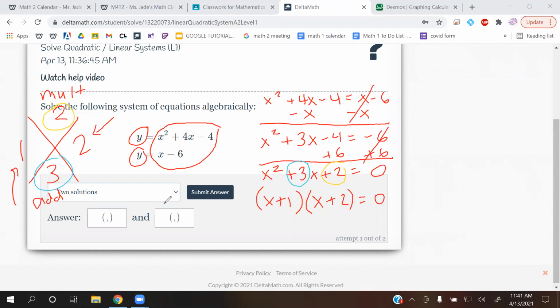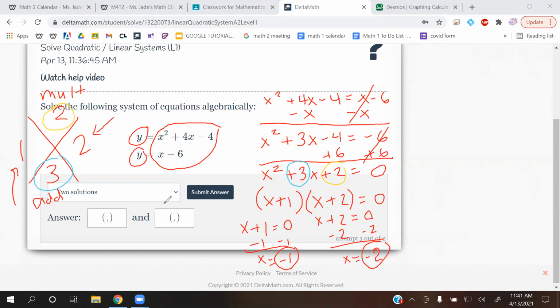Okay, so from here, we can solve for x by setting each factor equal to 0. So x plus 1 equals 0. Then you can subtract 1, and x equals negative 1. This is one of your answers. And then on this side, you have x plus 2 equals 0. So you're going to minus 2, x equals negative 2.